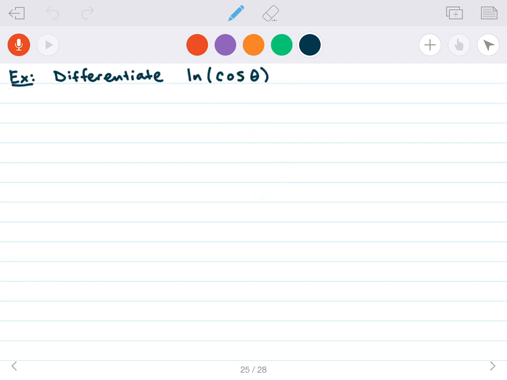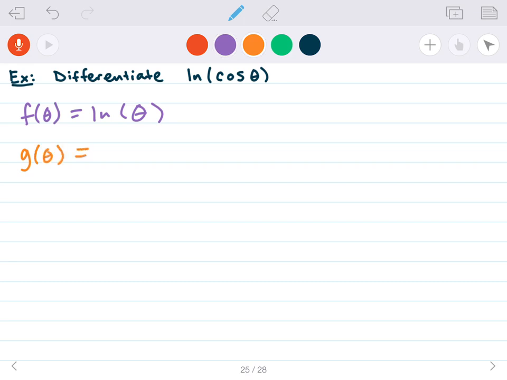Let's do ln of cosine of theta. So chain rule, we got a function and a function. My outer function is ln of something. Let's just say it's theta, because that's my variable. Actually, let's do f of theta. Sometimes I get mixed up with my variables.